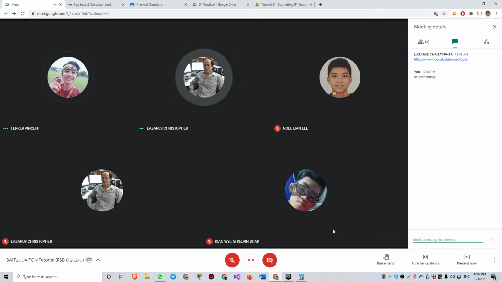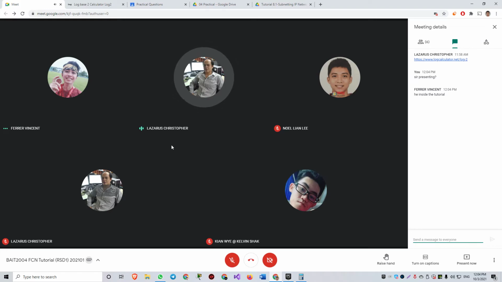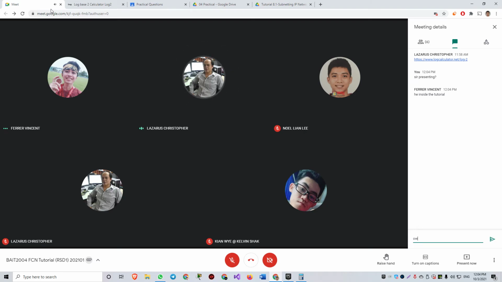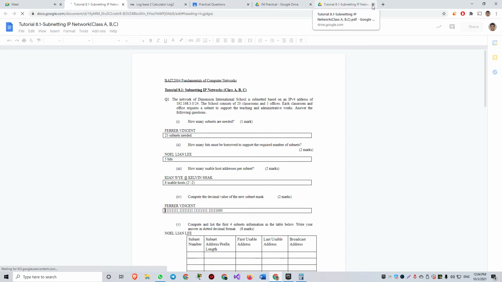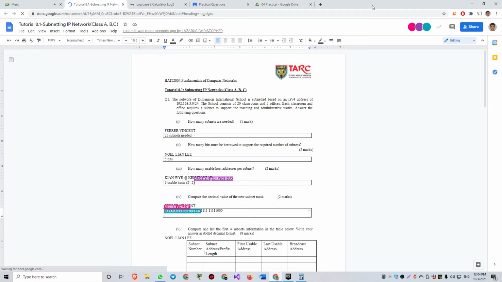Subnet mask is all the network part ones, so you convert all the zeros that you borrowed to 1. So you borrow 1, 2, 3, 4, 5. Right? So this is the binary subnet mask. Can you convert this to decimal?